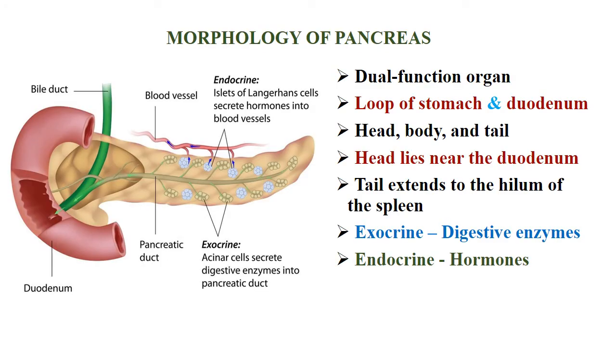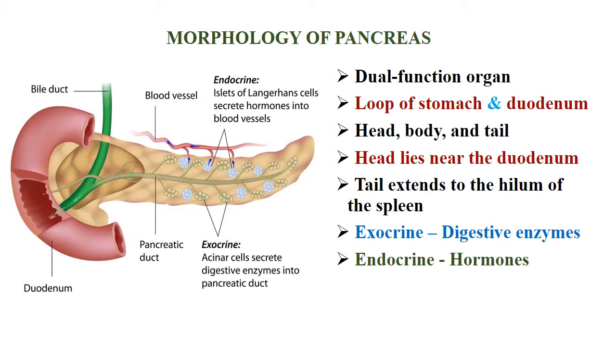Pancreas is known as a dual function organ because it functions both as an exocrine gland and an endocrine gland. This particular organ is a leaf-like flattened structure which is found at the loop of the stomach and the duodenum.